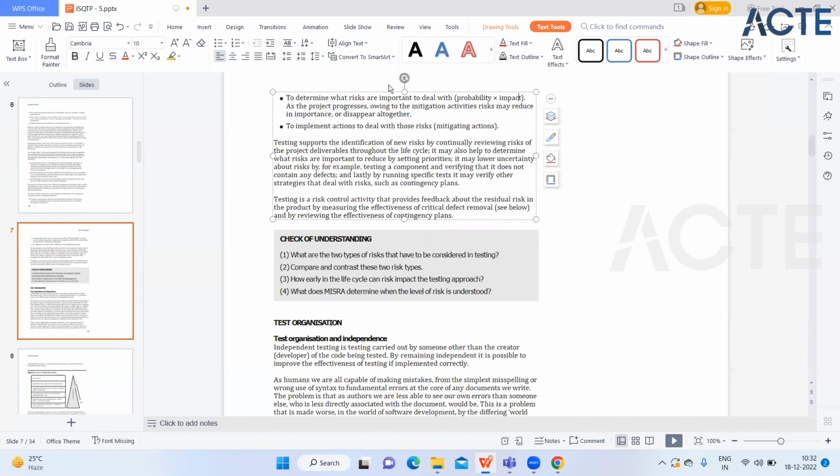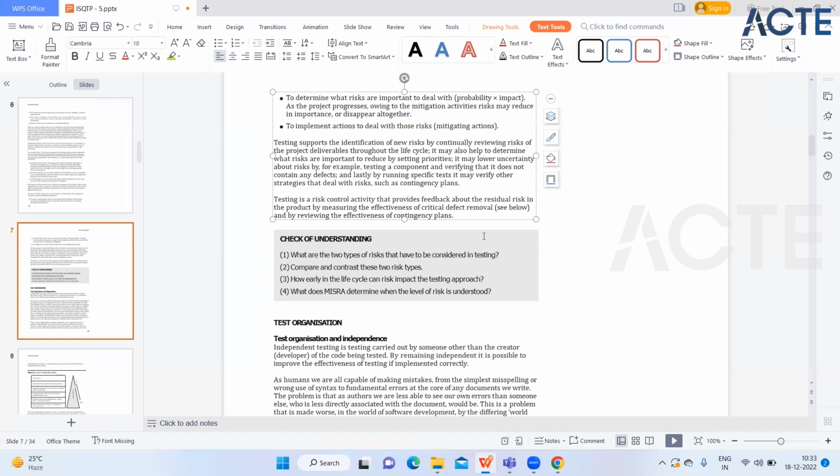So we have to check the probability and impact, both, multiply them, and consider, for example, multiple combinations of risk that can happen after the product is delivered, and implement actions to deal with those risks. This is the mitigating action. So we also have to check, if this kind of risk comes, how we can deal with it.